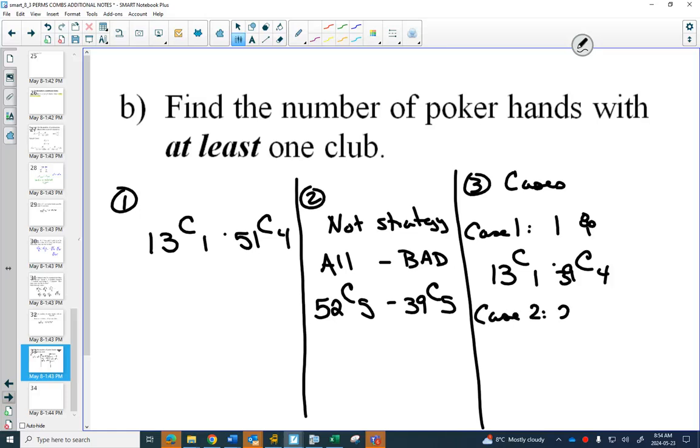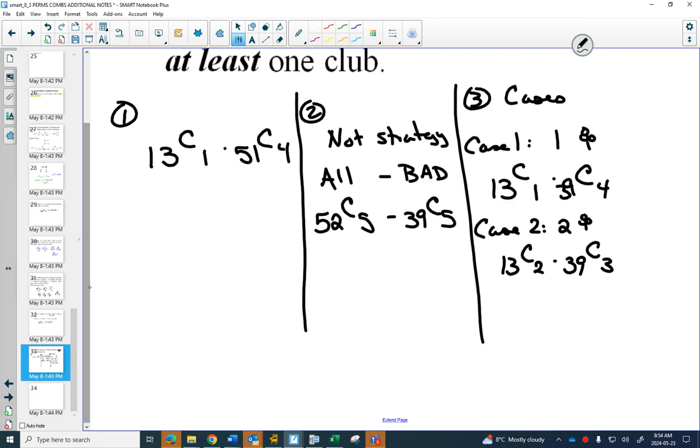Case 2, we do 2 clubs. Well, now we take our 13 clubs, we choose 2 of them, and then of our 39 cards left, we choose 3. And I hope you can see that then we'll have case 3, have 3 clubs, 13 choose 3, 39 choose 2.